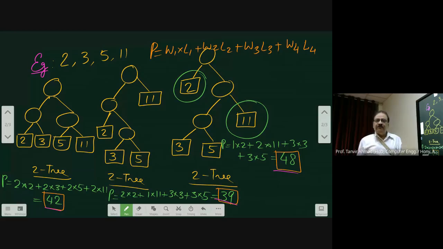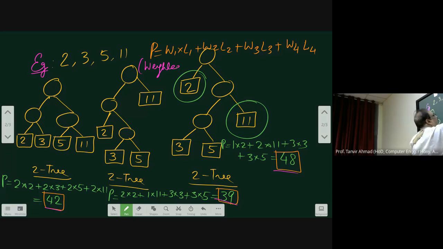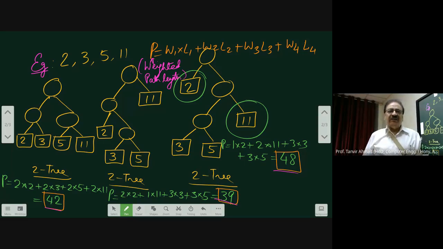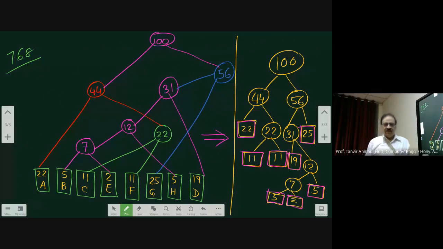P is called the weighted path length, and this means the weighted path length of this Huffman tree is 100.